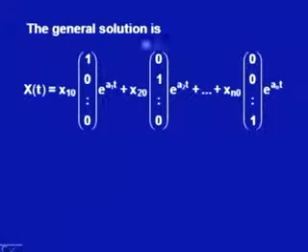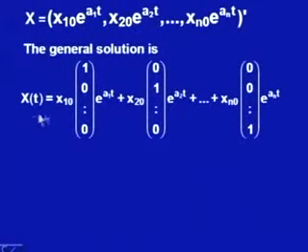And with this, the general solution is written in this form, where I have written the first term as x10 times the column vector (1, 0, ..., 0) times e^(a1 t), and the second, corresponding to this, I have written x20 as a column vector multiplied by e^(a2 t), and so on.